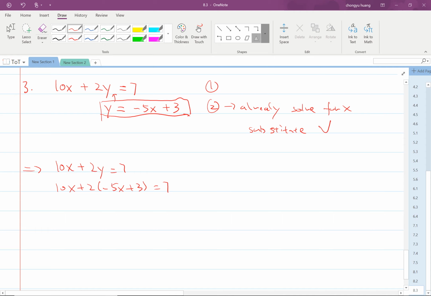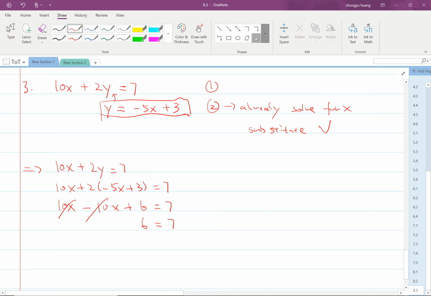Okay, so now you simplify it. 10x is negative 10x, and then plus 6 equal to 7. Okay, let me take a look again. Yes, so 10x and negative 10x get cancelled. All we have left is 6 equal to 7.